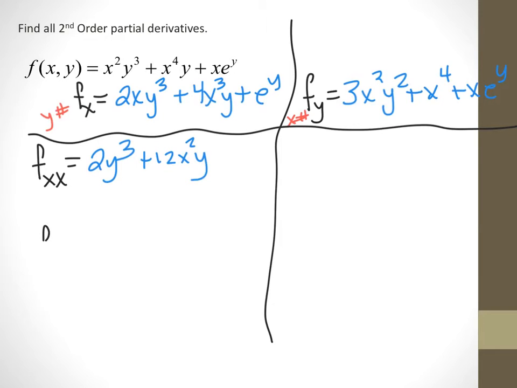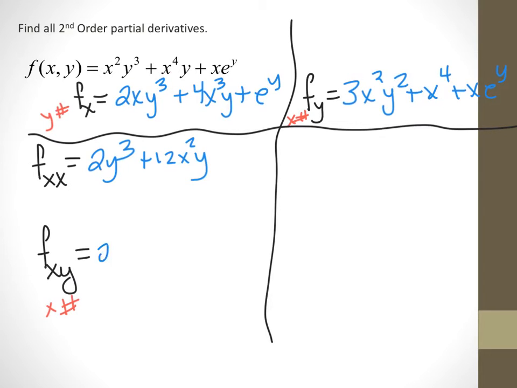Now let's take the partial derivative with respect to y of the partial derivative with respect to x. Remember, when you're doing these, you are doing the left one first, partial with respect to x, then partial with respect to y. So when we take the respect to y, x is just a number for us. And let's look at the first one. With respect to y, the 2x comes along for the ride.